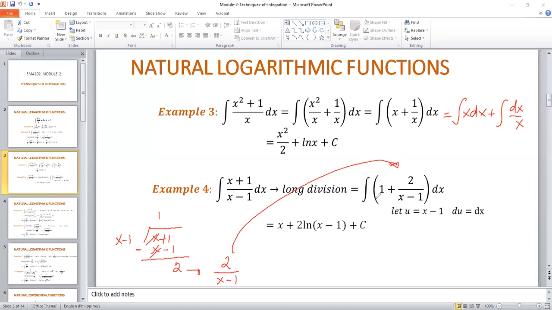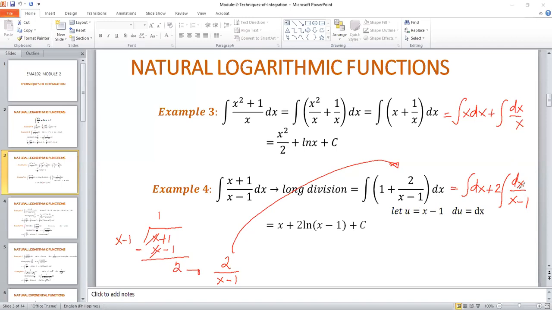This one you can process right away because the first term is just the integral of dx. And the second term will be, I'm using the 2 basic rules in integration, set aside the constant, and you will have here dx over x minus 1. Now, if your u is x minus 1, the derivative of x minus 1 is dx.